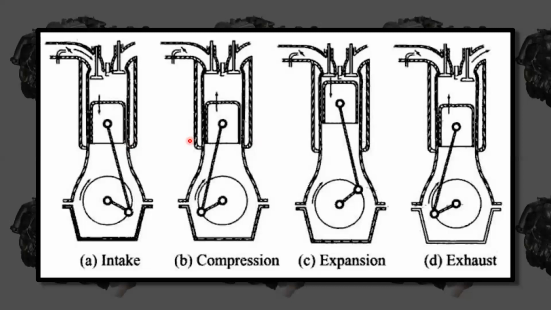Now again, if the piston travels from bottom dead center to top dead center, that is the compression stroke. Again, if the piston moves from top dead center to bottom dead center, that is the expansion stroke. And again the piston has to move from bottom dead center to top dead center, that is the exhaust stroke. I hope you get an idea on it.